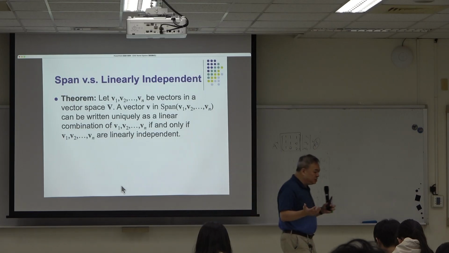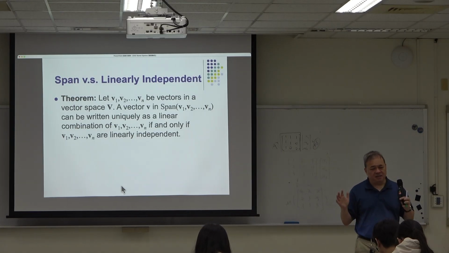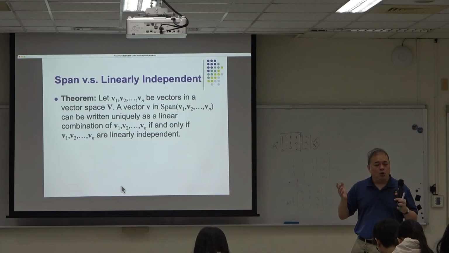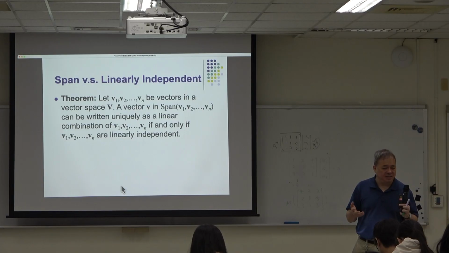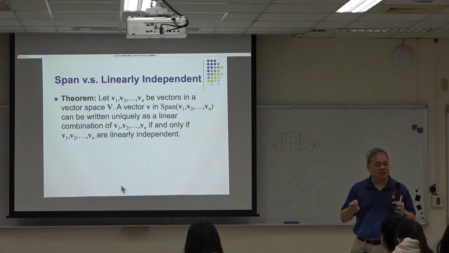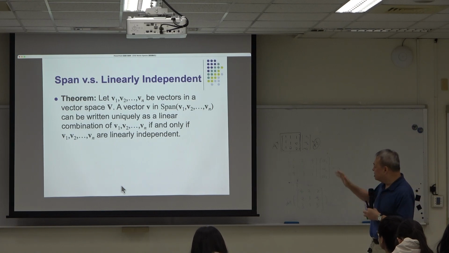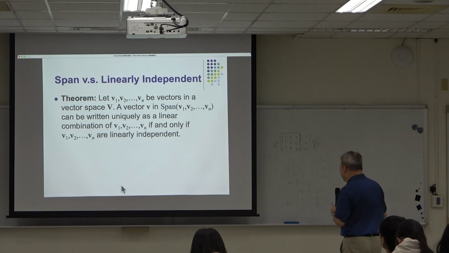Now we are trying to connect these two concepts. One is span; we discussed span earlier, right? The other one is linear independence. These two concepts actually have connections to each other. So this theorem connects them.